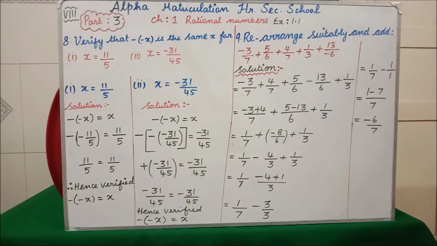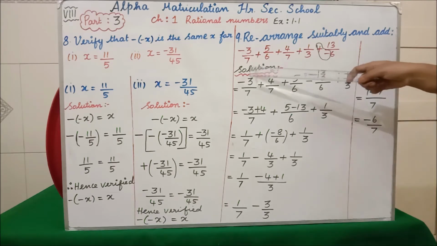For a rational number we should have only one sign, but here we have two signs. Plus into minus is minus. So you see I have marked the circle: plus into minus is minus, minus 13 by 6. I have finished the 7.